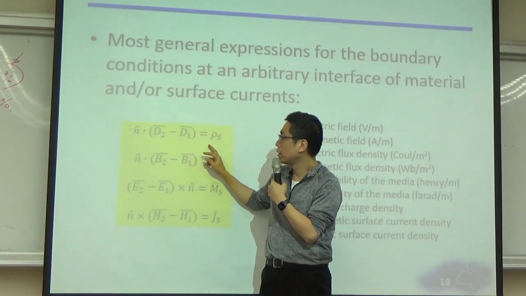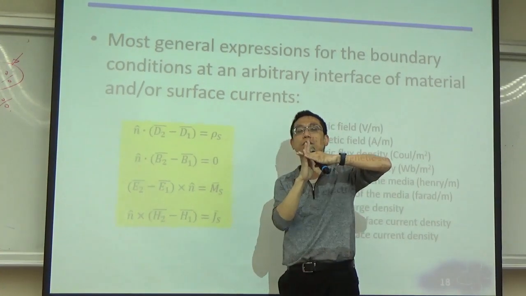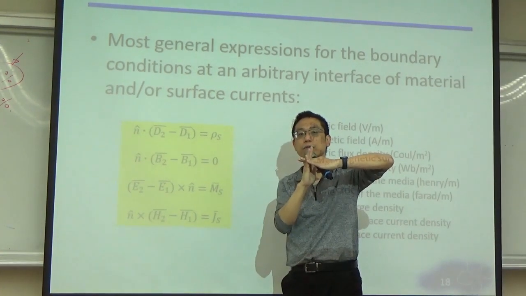Okay, and for B equals 0, this is the normal direction of these two fields.